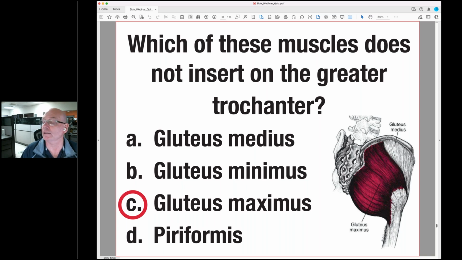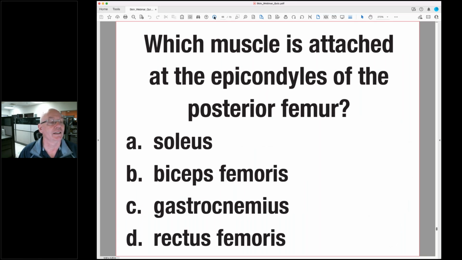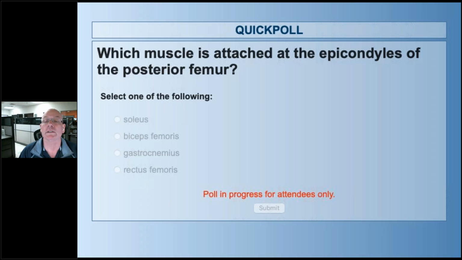What's next? Hopefully this is helping you. Anyway, different way to look at it. Yeah, good. What muscle is attached to the epicondyles of the posterior femur? We went over this before. Is it soleus, biceps femoris, gastrocnemius, or rectus femoris?